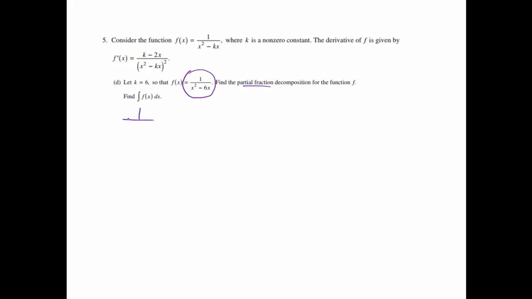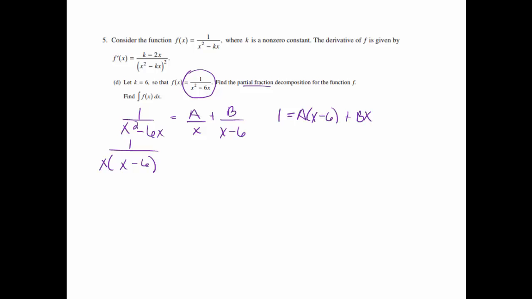So we're going to have 1 over x squared minus 6x is equal to a over, actually, let's factor that first. We can factor out an x, we'll get x minus 6. So this is going to be a over x plus b over x minus 6. And then if you remember, for partial fraction, we're going to do 1 equals a times x minus 6 plus b times x.